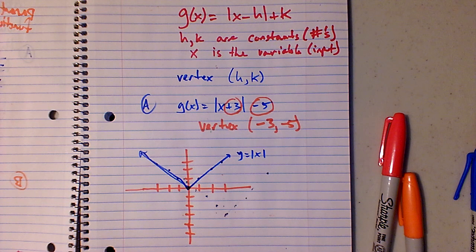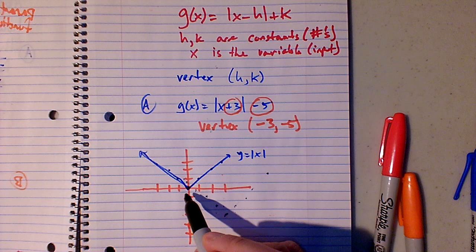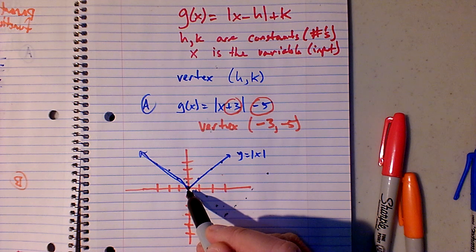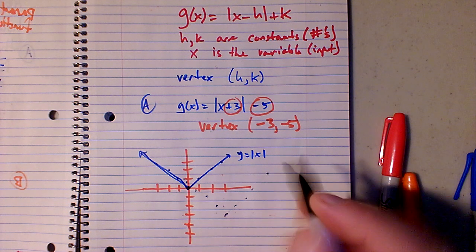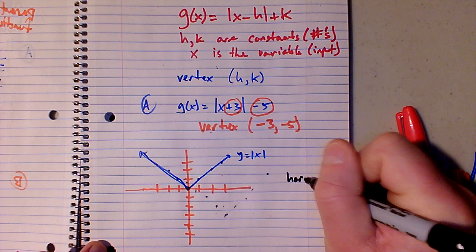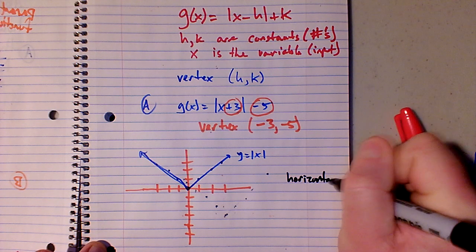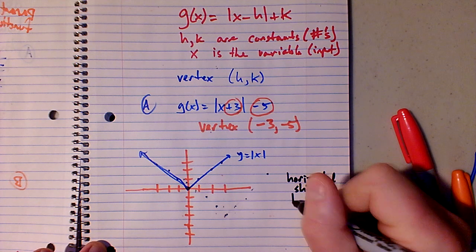Now what I want to do is transform this. My x coordinate is going from 0 to negative 3 on the x-axis, so what I have is a horizontal shift. I'm moving horizontally left 3 units.